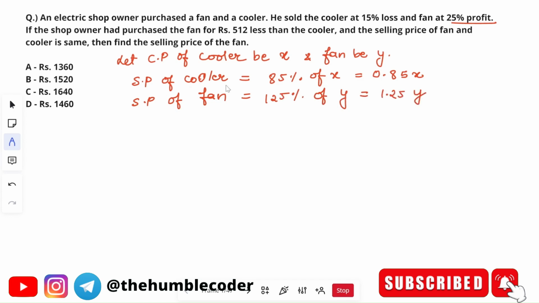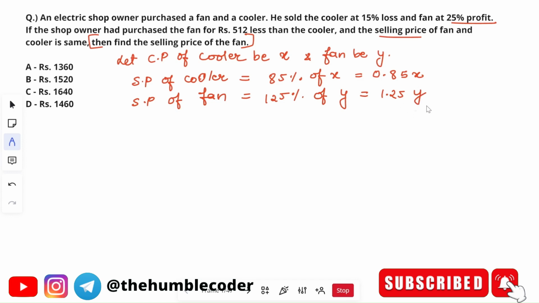Now we have the selling price of the cooler as 0.85x and the selling price of the fan as 1.25y. Now let's see what is asked. You have to find the selling price of the fan, which is 1.25y. If we somehow find the value of y, we can find the selling price of the fan, right?